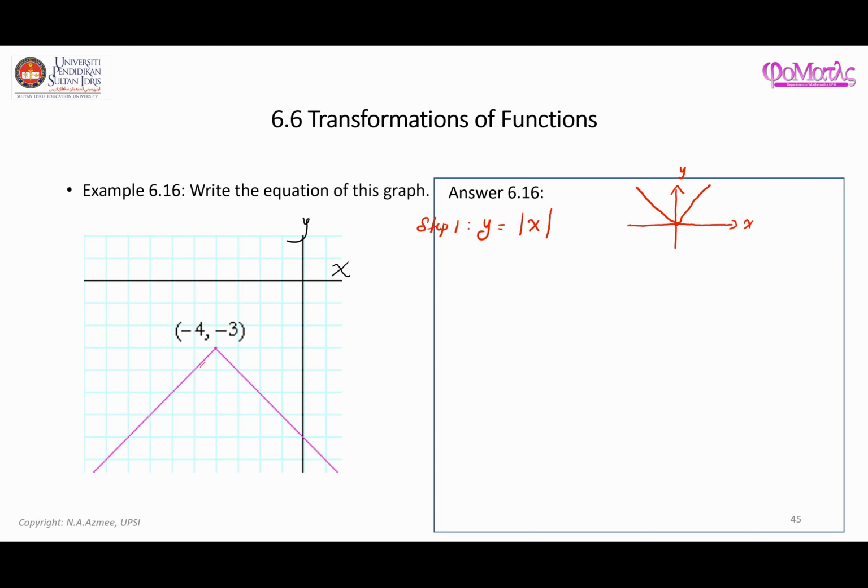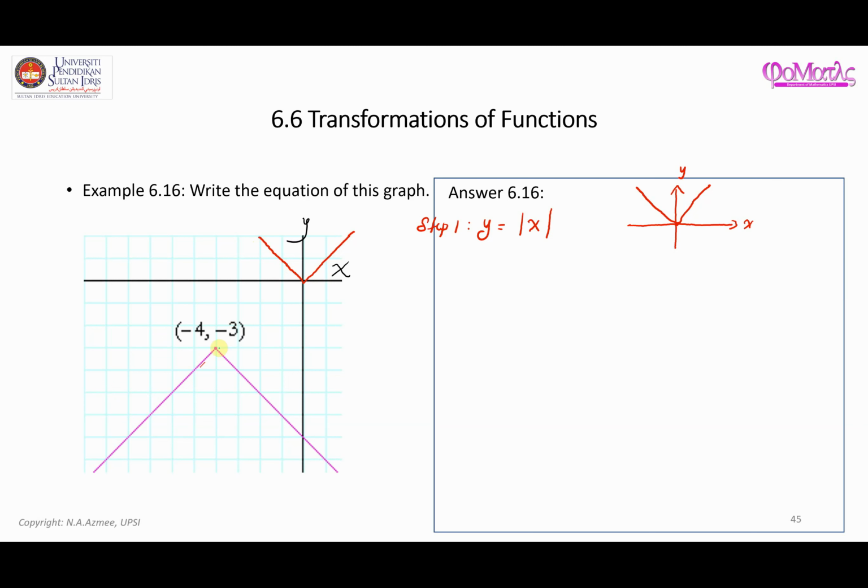For our first step, you can imagine having this graph somewhere here. Next, I hope you can see that the pink graph is somewhere towards the left of the x-axis, so I need to move this graph towards the left. How many units should I move?